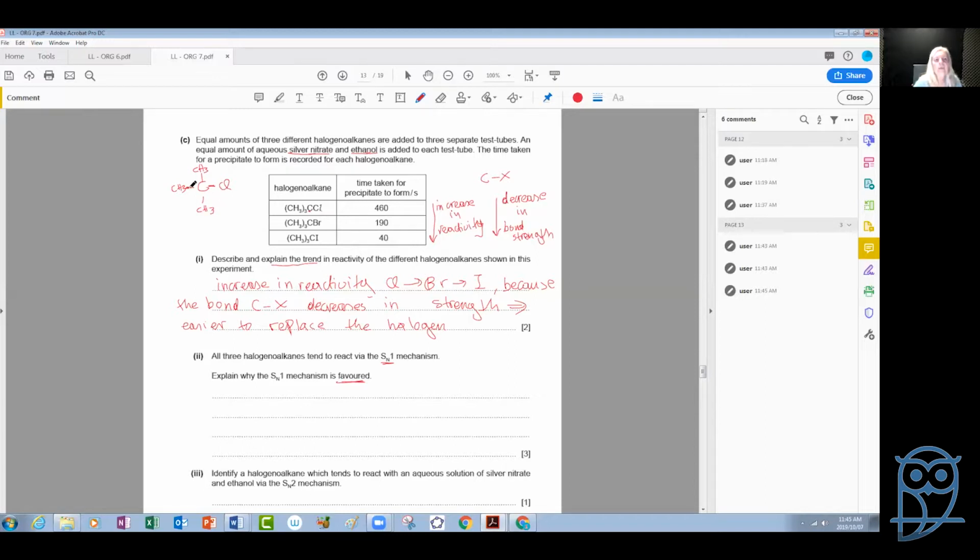So we can see that this carbon here is a tertiary carbon. So this is a tertiary halogenoalkane, and the same applies for the other two. Because this is a tertiary halogenoalkane, the mechanism by which nucleophilic substitution takes place is this special mechanism, which is called the SN1 mechanism.